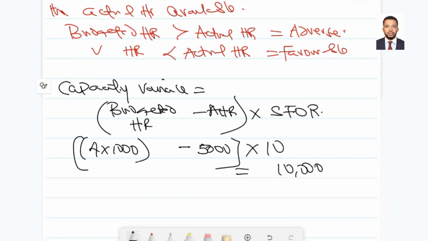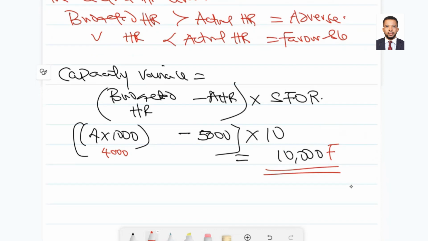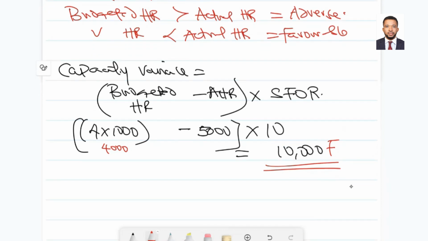Favorable or adverse? Favorable. Look at it from an income perspective. It's favorable. Use income: for them to make 4,000, you make 5,000. It's favorable.